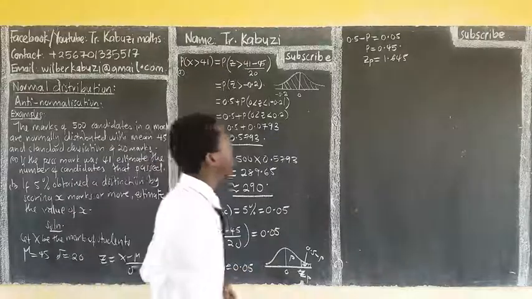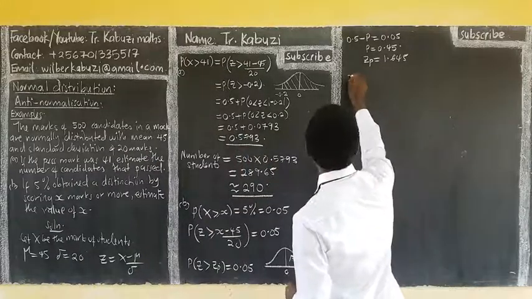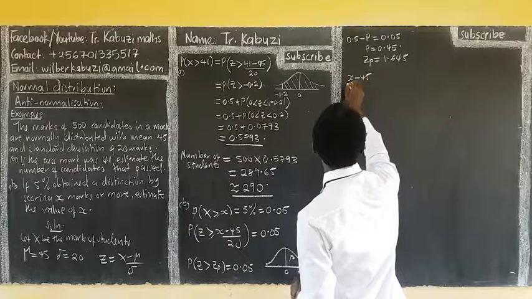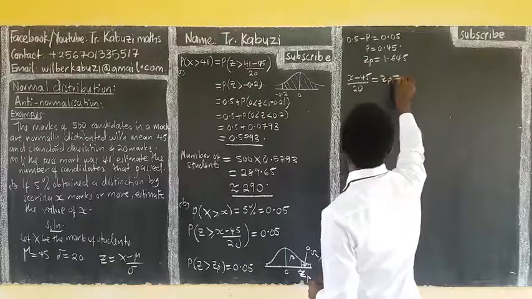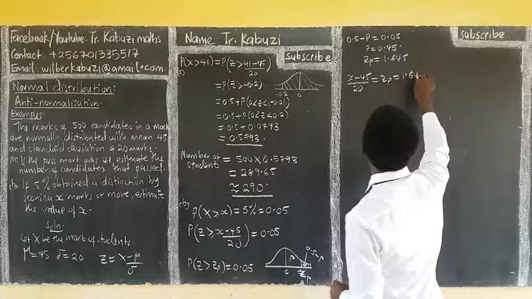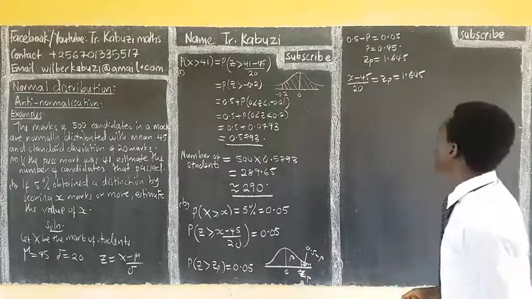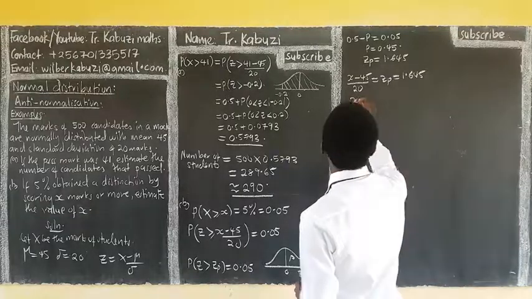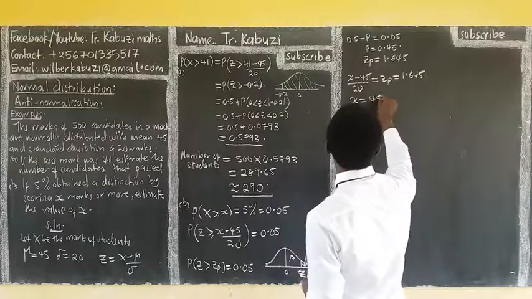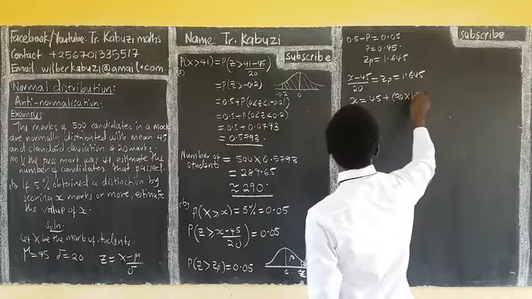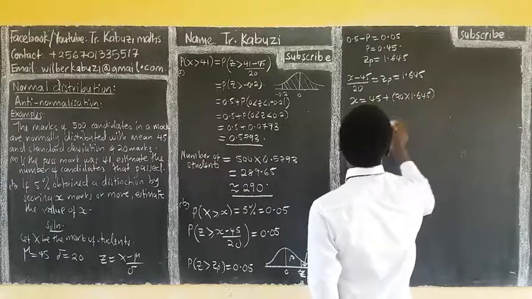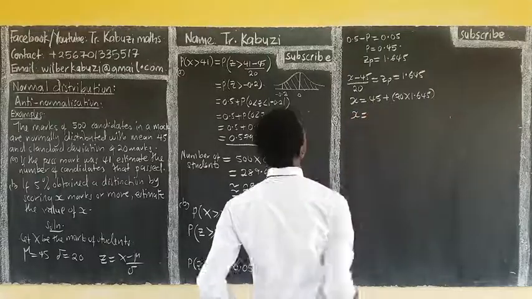So now X minus 45 over 20 will equal ZP, which is 1.645. If I cross multiply, my X will be 45 plus 20 times 1.645.